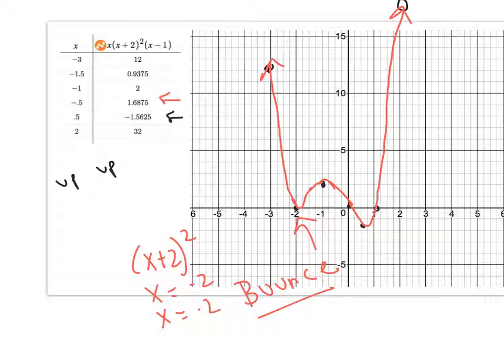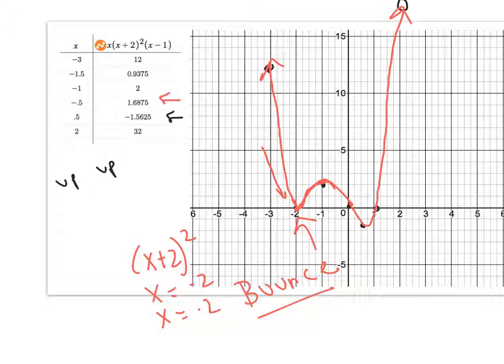So here, where it was x equals 0, this right here is a pass-through, and x equals 1 is a pass-through, that's not a bounce. But when the graph comes down like this, and it touches right here at negative 2, and then it bounces back off, and it comes back up at the same time without passing through, then that means that that's a double root.